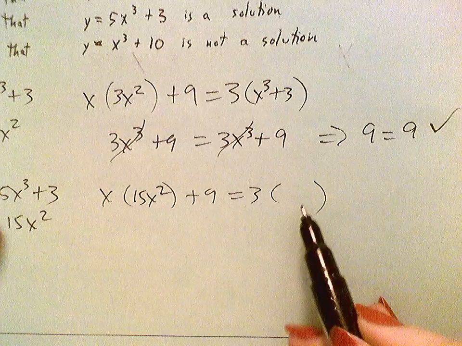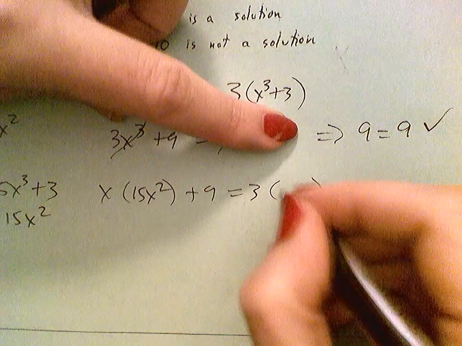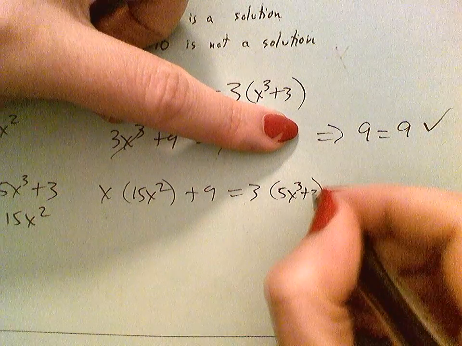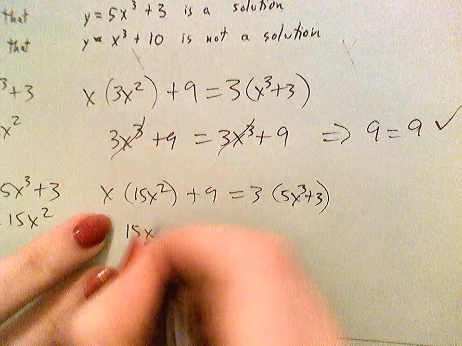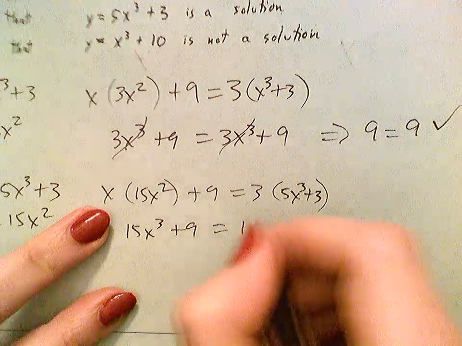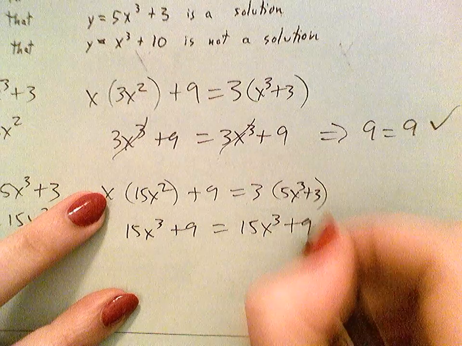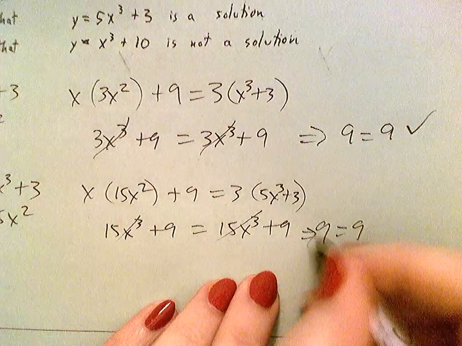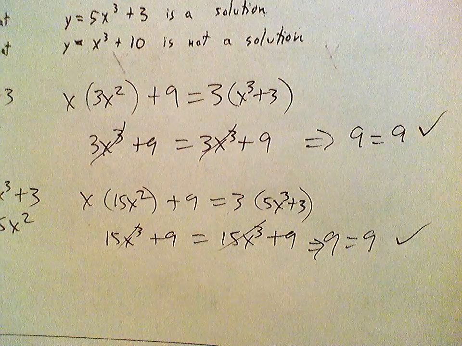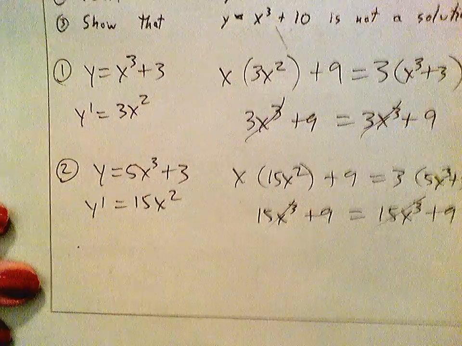What goes in for y is the original equation that we were given. And then I get that 15x cubed plus 9 equals 15x cubed plus 9. Those would cancel. 9 equals 9 again, check. Okay, so both of those are solutions.